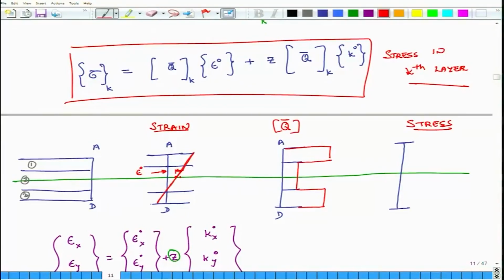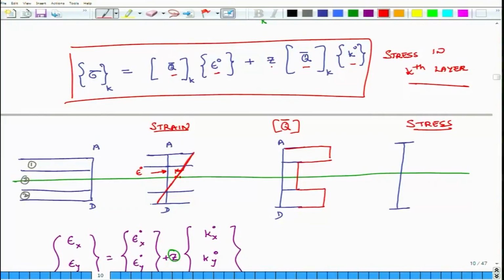So, what that means is within a layer strain will vary linearly because Q bar is constant. Within a layer Q bar is constant, so this is constant, epsilon is constant, K naught is constant.